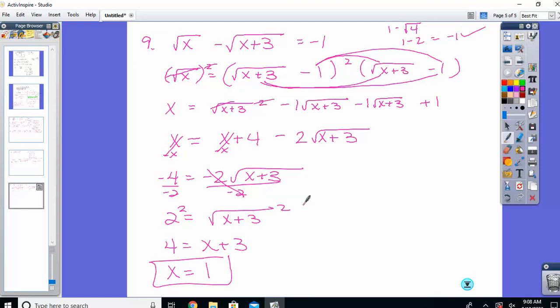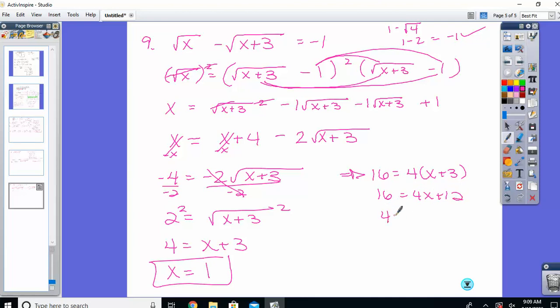And if you were to square it before you divide it, would you have to square the -2? Yes. So -4 squared would have been 16. -2 squared is 4 times x plus 3.